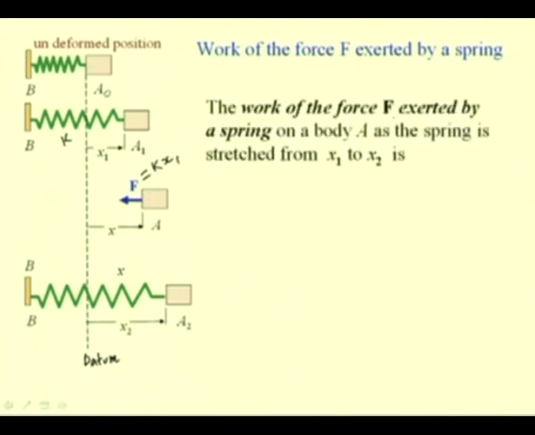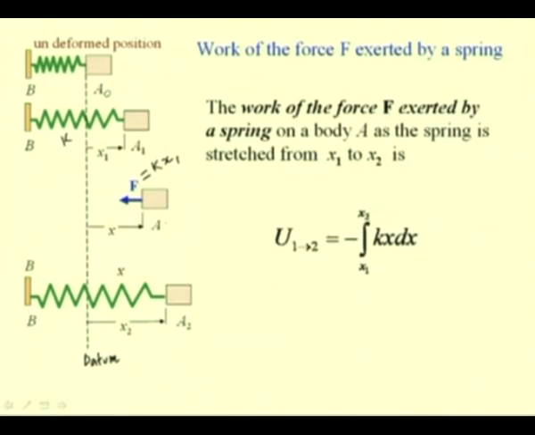The work of the force F exerted by the spring on this body as the spring is stretched from x1 to x2 is given by integral of minus kx dx between the limits x1 and x2.